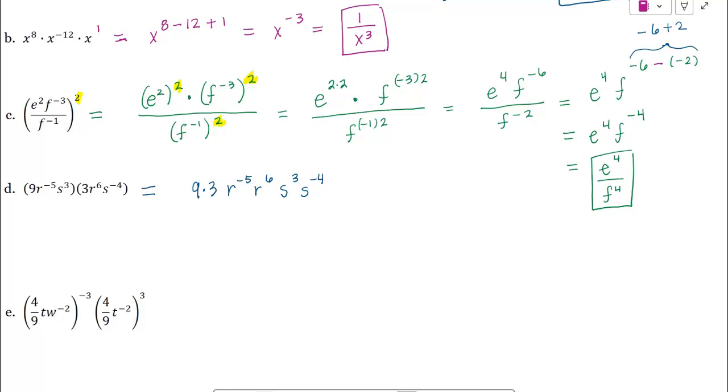So let's see. 9 times 3 will give us 27. I've got r to the negative 5 plus 6, which will be r to the 1st power. And then I've got s to the 3 minus 4, which is s to the negative 1st power. So it looks like overall, my answer is going to be 27 r over s.